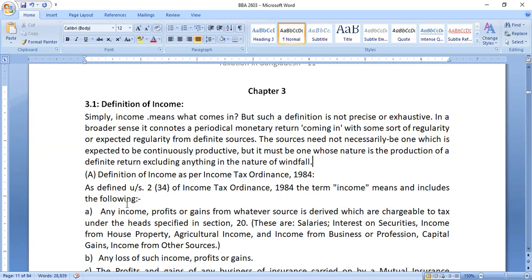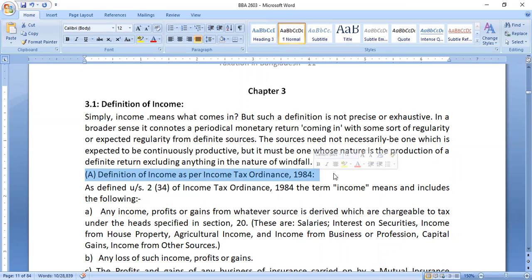So, the definition of income as per the Income Tax Ordinance 1984. In our country, at first the rules and regulations for income tax were prepared, creating the Income Tax Ordinance in 1984, as defined under section 2(34).